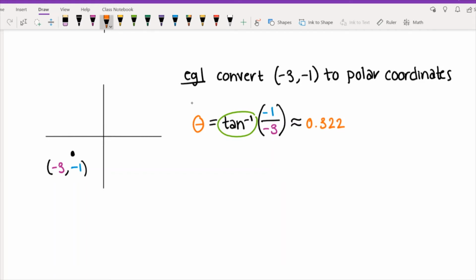So the angle that we actually found is this angle. This is our angle theta. And that means that our point is actually in the opposite direction, and that's where the negative radius comes in. So when we find the radius, we're going to do plus or minus the square root of (-3) squared plus (-1) squared.